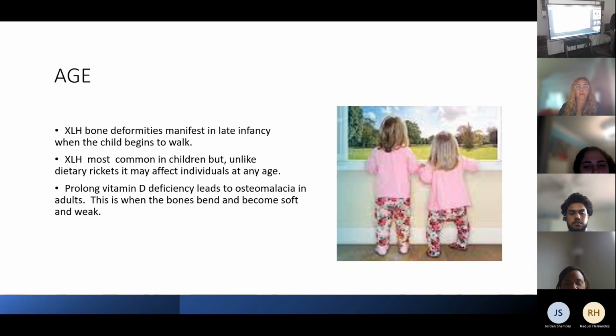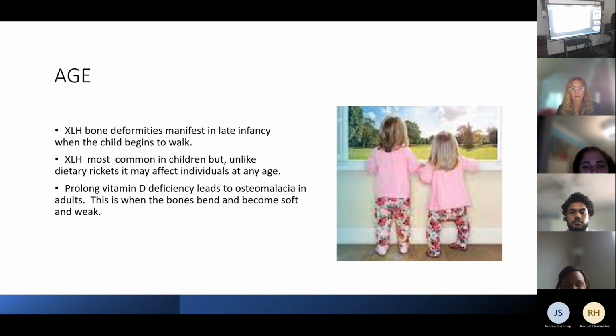It is most common in children, but unlike dietary rickets, it may affect individuals at any age. Prolonged vitamin D deficiency leads to osteomalacia in adults. This is when the bones bend and become soft and weak. Now, looking at my friend over here, this is where I brought the chair.